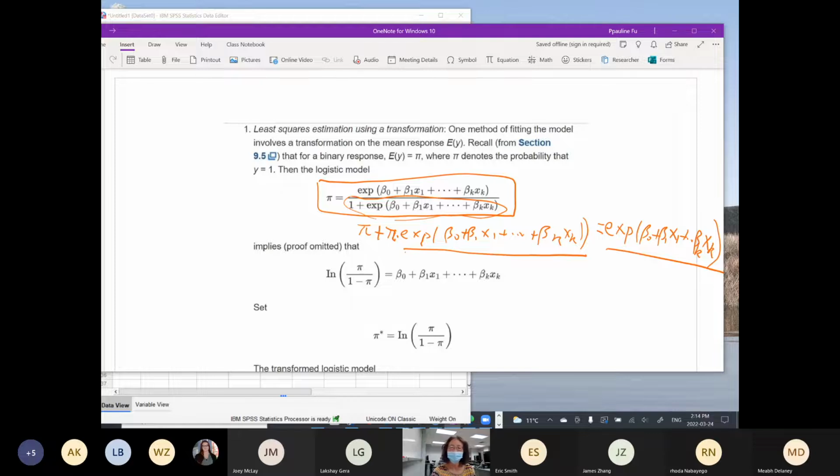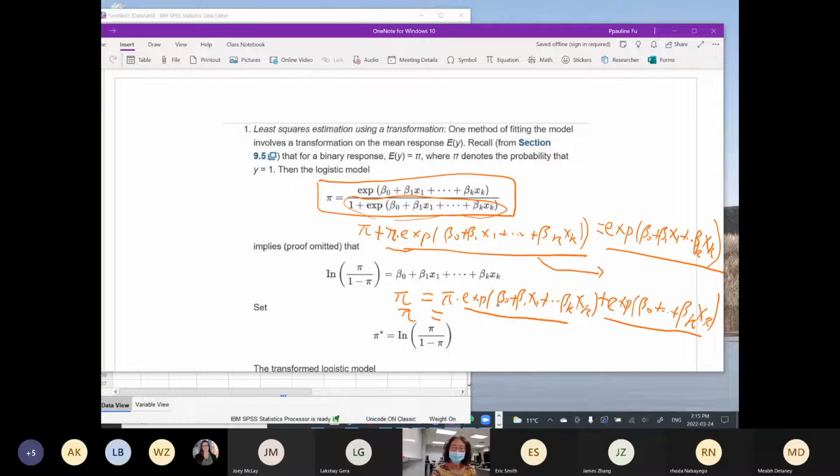I move this item to the right, then collect like terms. On the left-hand side I have pi, and on the right-hand side I have pi times exp(beta 0 plus beta 1 x1 plus ... plus beta k xk) plus exp(beta 0 plus ... plus beta k xk). Okay, keep on going.